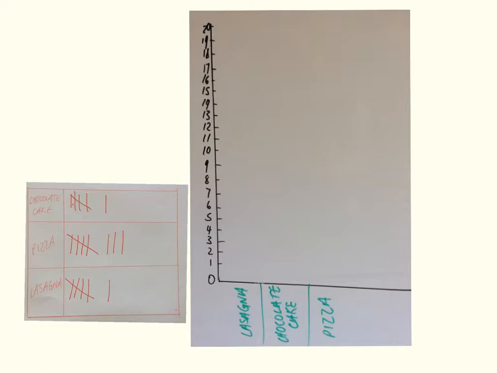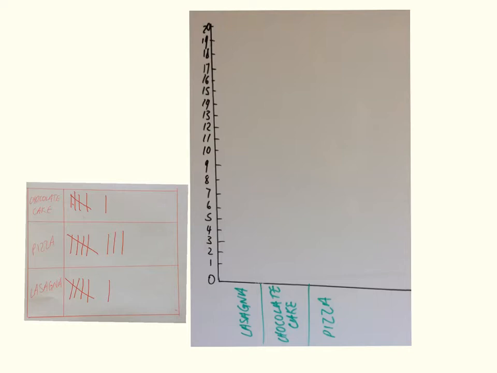That's right. The reason why we put 20 numbers up the top here is because the original question said that Bethany asked 20 people. Now I know that not everyone is going to like lasagna. And I know that not everyone liked chocolate cake or pizza.